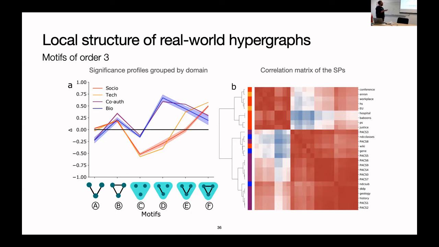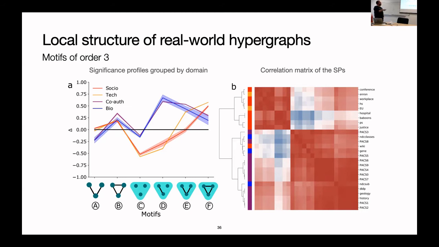And also we find that in the social and technological domain, the group interaction with a nested triangle, so the motif F, is overexpressed, which means that if people interact in a group, then probably people will also interact individually, and a lot of the time individually. So every person involved in a group interaction at some point will interact individually.